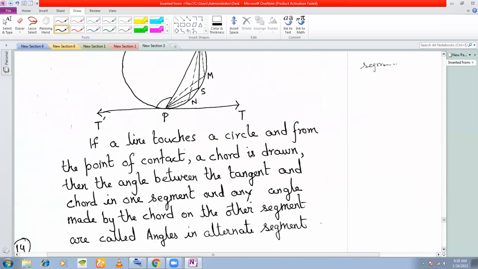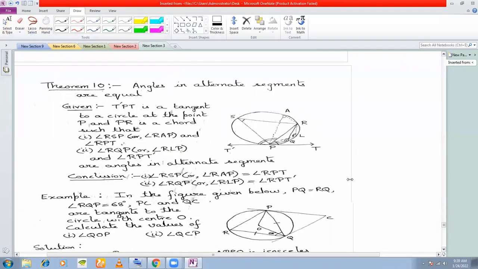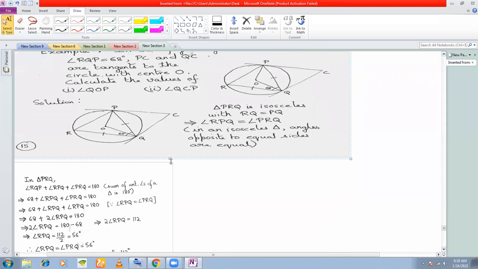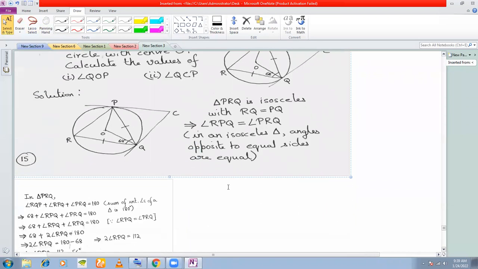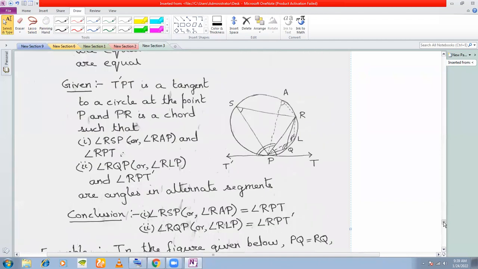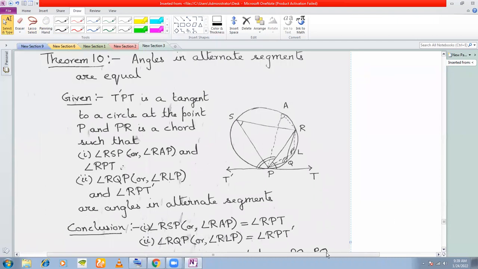Now there's a theorem which states that angles in alternate segment must be equal. Okay. If you have a pair of angles in alternate segments, they must be equal.